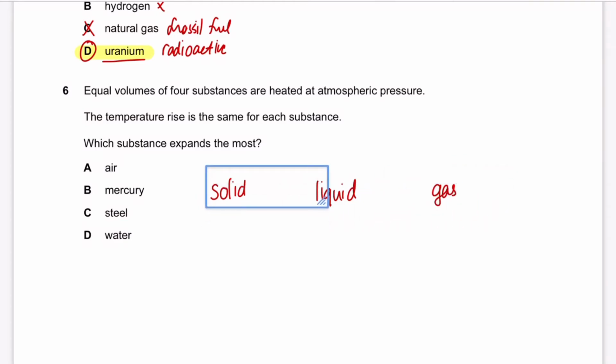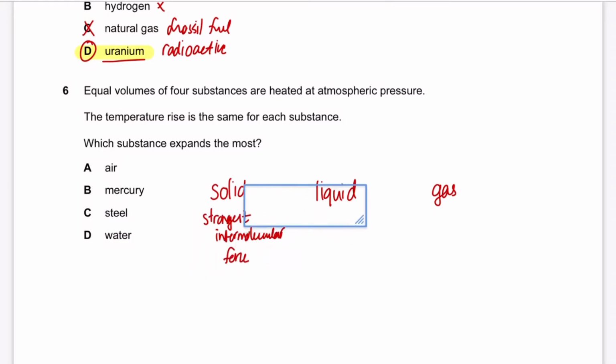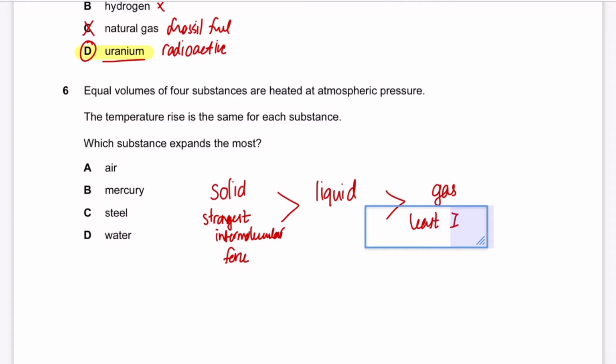So among these 3, solid has the most, or the strongest, intermolecular force as compared to liquid, and as liquid compared to gas. So gas has the least intermolecular force. Let me just put it as IF.